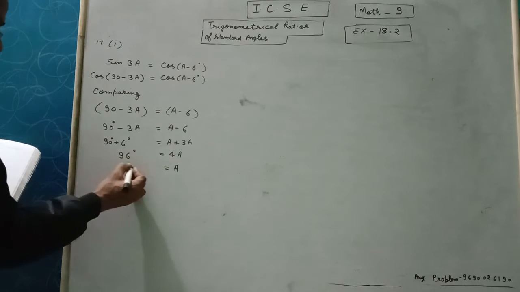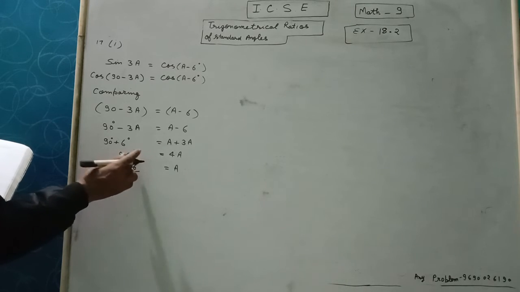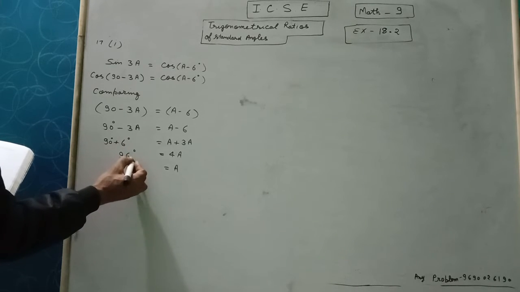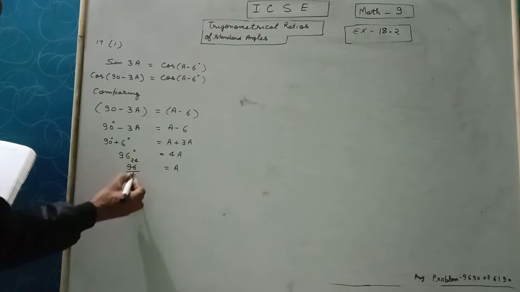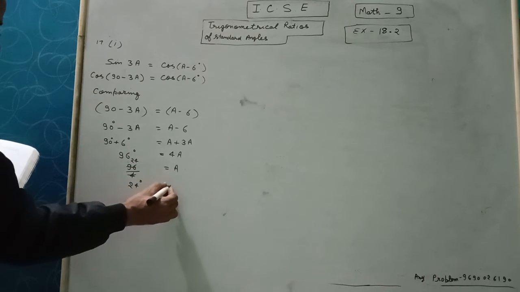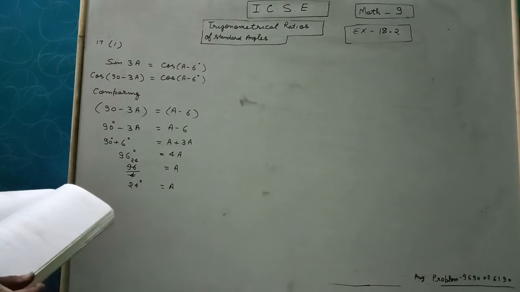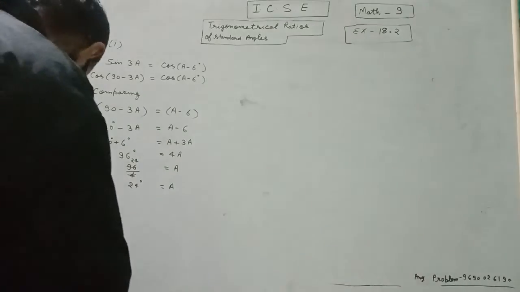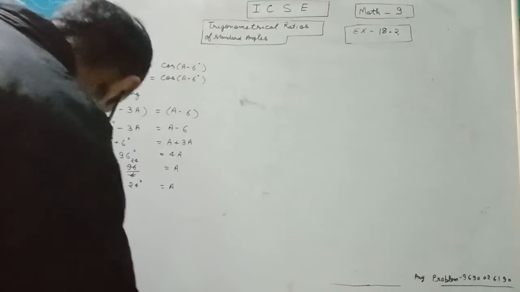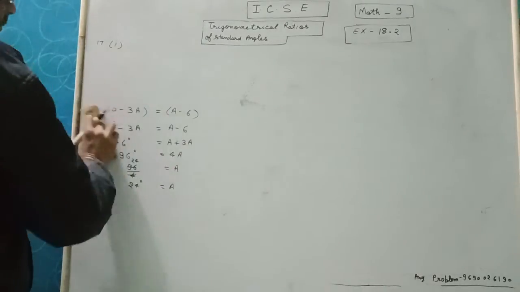Then a is equal to 96 upon 4, which is 24 degrees, the value of a. First part is complete. Second part and third part are the same.